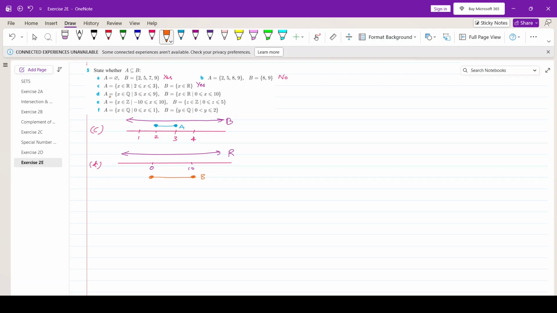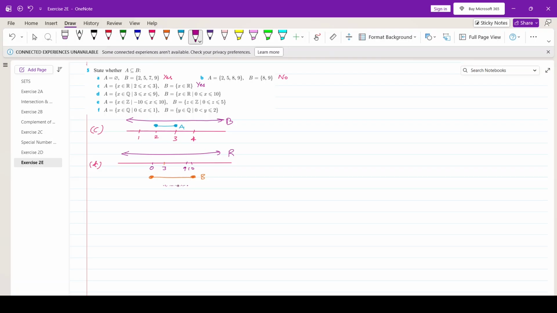What about A? A will be all rational numbers between 3 and 9. So 3 will be over here and 9 will be here. So we know all the numbers between 3 and 9 won't be rational numbers.